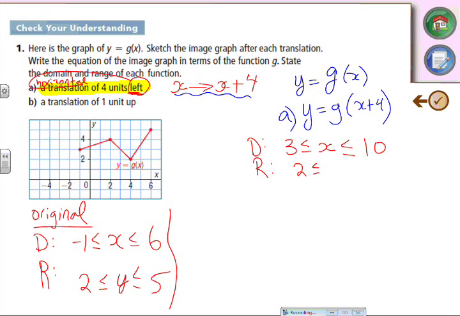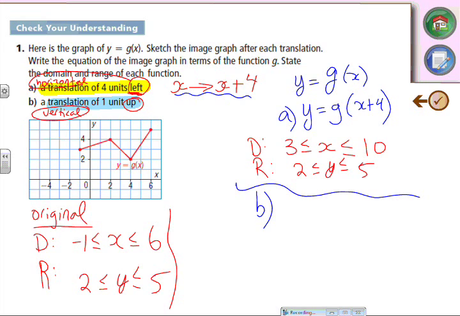Next one, B. If I'm doing 1 unit up, because up is vertical, this is a vertical translation, 1 unit up. As soon as it's a vertical translation, 100% of the time, if it's vertical, I'm changing the y. I'm not touching the x.